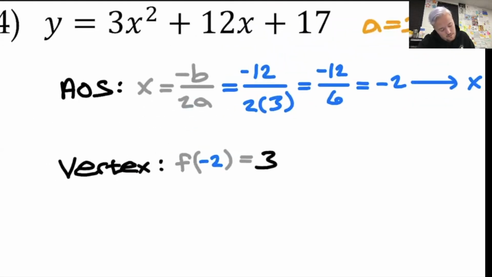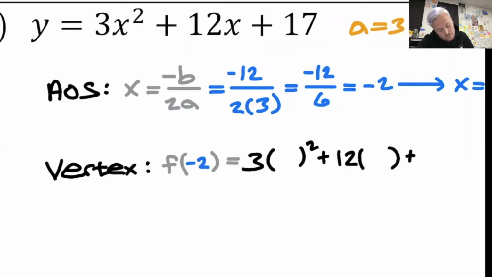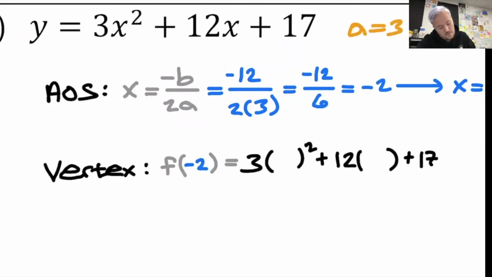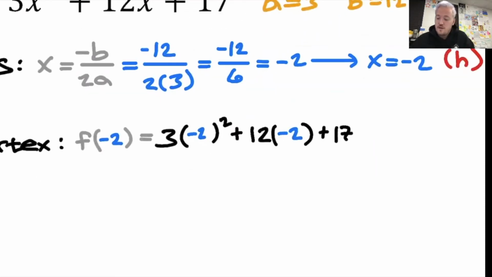So 3 parentheses, negative 2 squared, plus 12 times negative 2, plus 17, which will give you a value of 5.